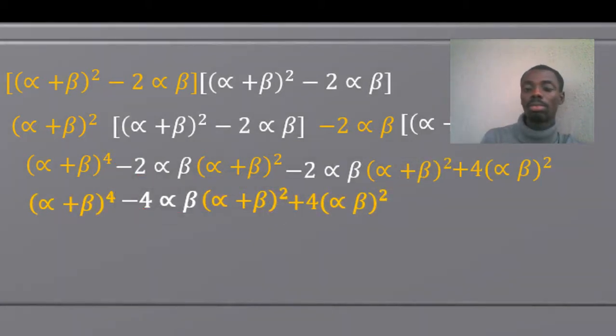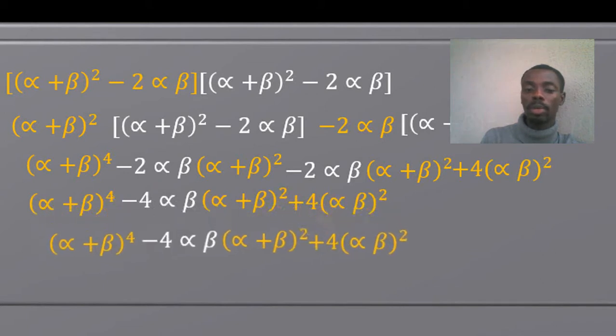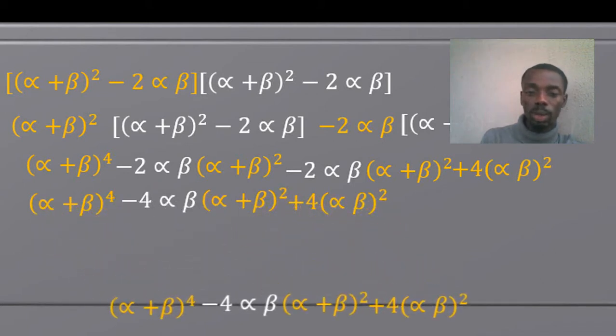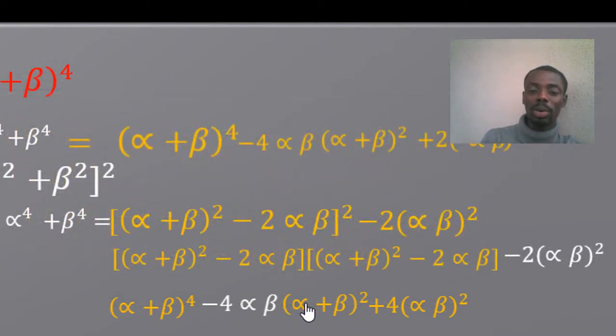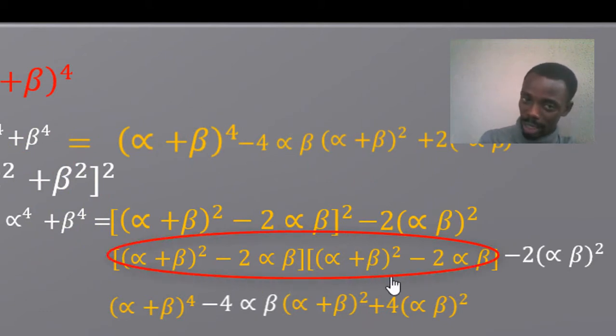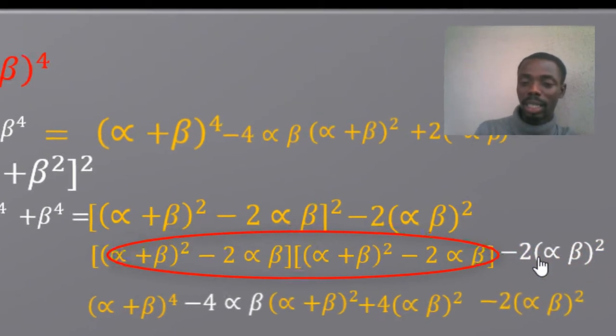Looking at my work, have I been able to expand what I want to expand? I think yes, I've been able to expand just this. So, let me get rid of that bar and let me continue with my work. I've expanded these 2 square brackets. The next thing is bringing down this value: minus 2 alpha and beta all squared.